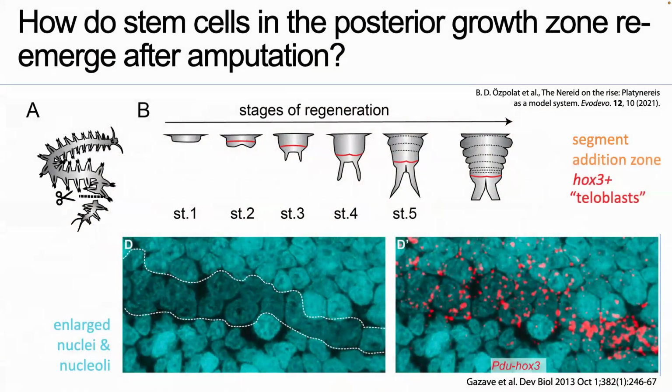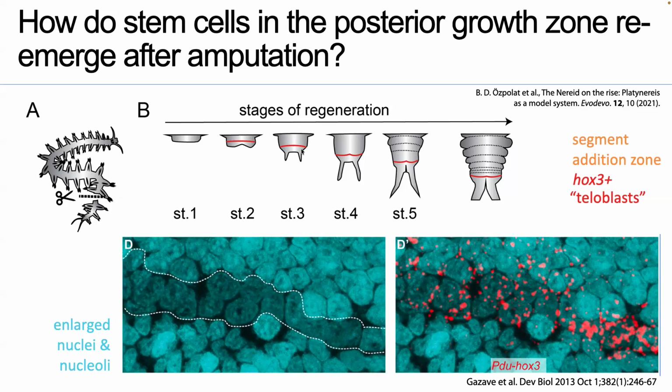This capitalizes on research that has been done in my own laboratory, where we've been looking at the posterior growth zone of these annelid worms and how this growth zone is re-established when you amputate animals, where you find quickly within days that a new row of stem cells is reforming. In this set of work, we've investigated how quickly stem cells re-emerge, and more importantly, what could be the source of these new stem cells.